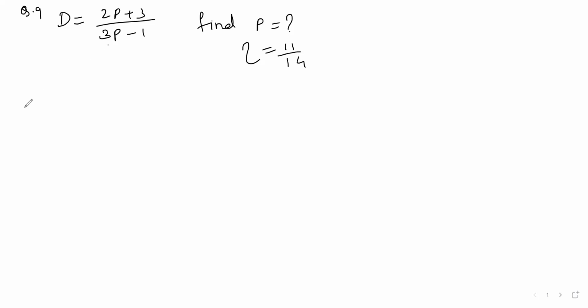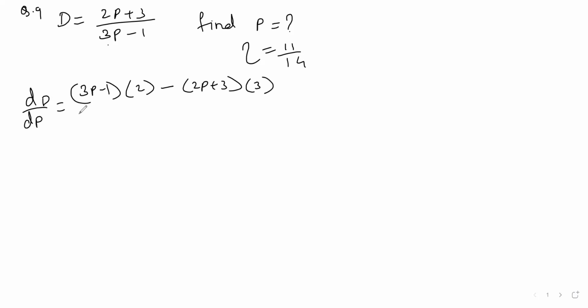Now we'll differentiate this. This is 3P minus 1. Derivative of 2P plus 3 is 2. We are finding the derivative using the quotient rule. Then 2P plus 3, derivative of 3P minus 1 is 3. Whole thing upon (3P minus 1) square.